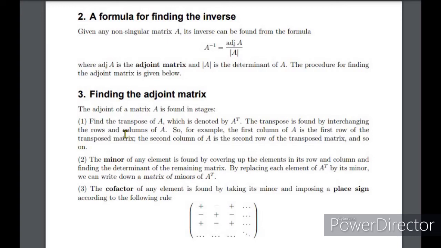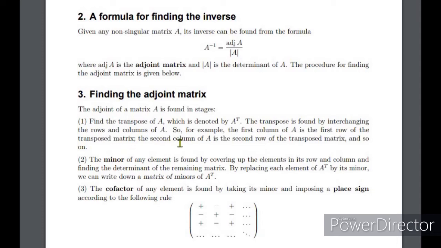We have different stages for that. For the first stage, we will find the transpose of matrix A, which is denoted by A raised to T. So the first step, we will get the transpose. The transpose is found by interchanging the rows and columns.